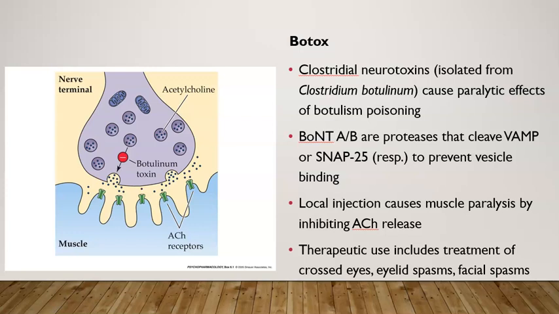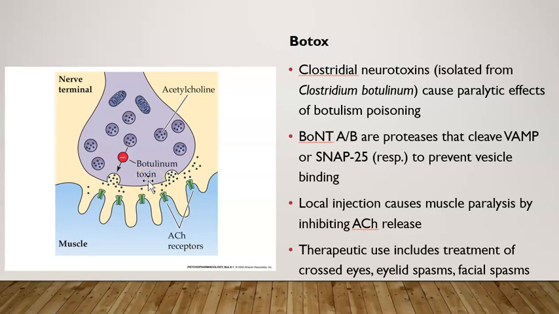What our botulinum toxin does is prevent the vesicle binding to the cell, so it prevents acetylcholine from leaving the presynaptic cell.